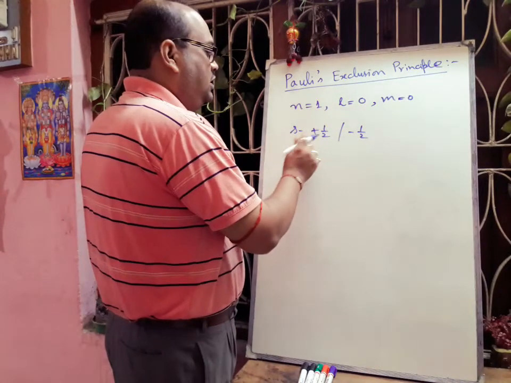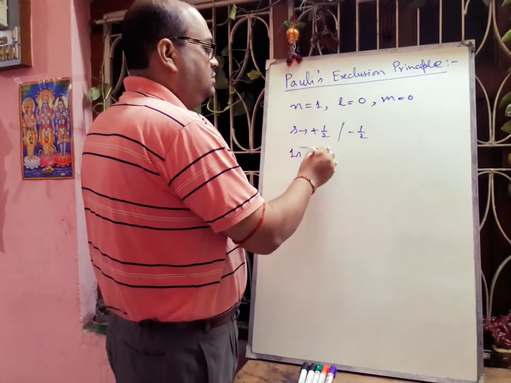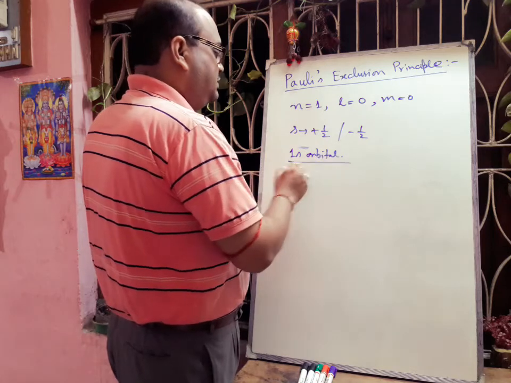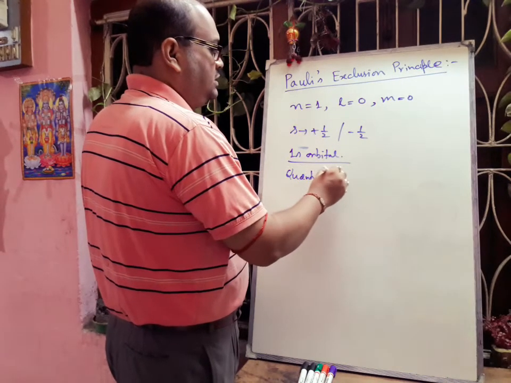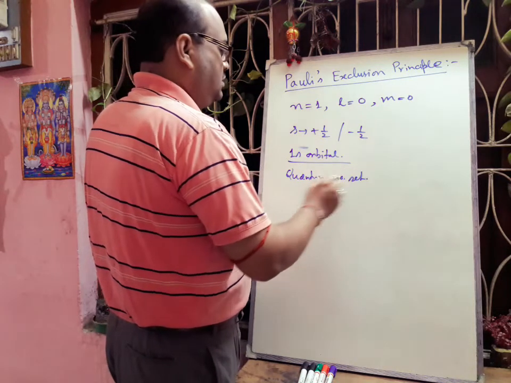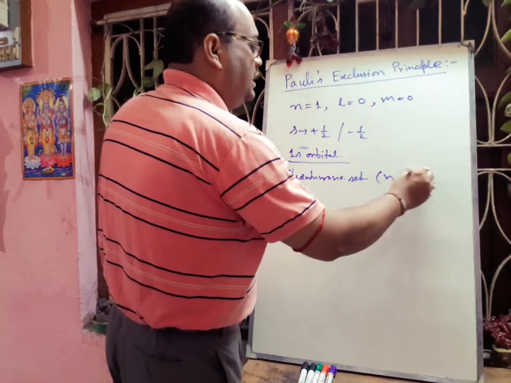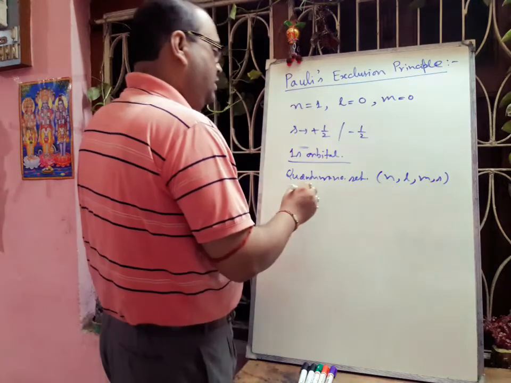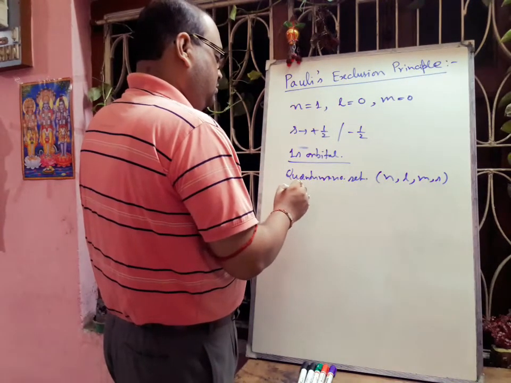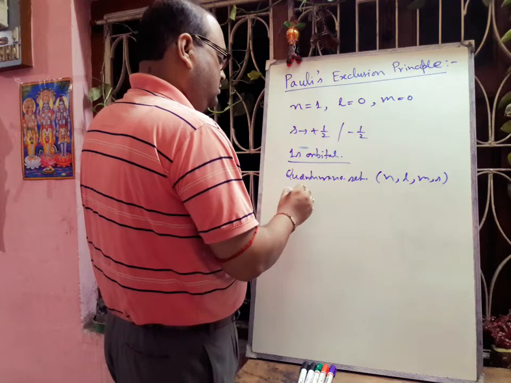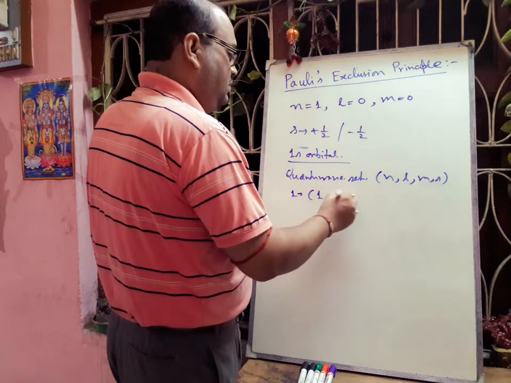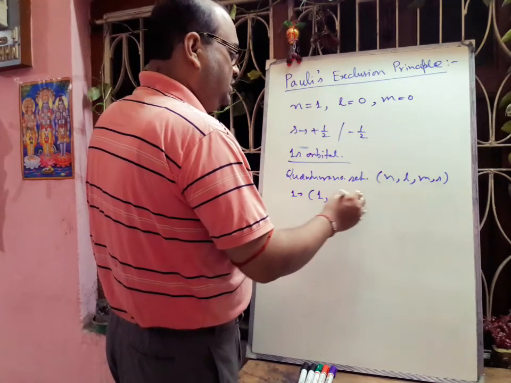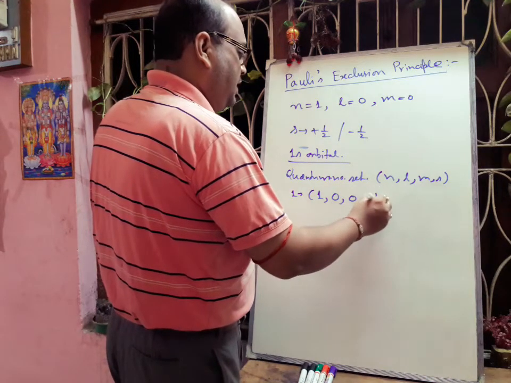Now if we write the 2 electrons present in the 1s orbital, this is nothing but the 1s orbital. So in the 1s orbital, the quantum number set, that is N, L, M, S, for one electron, the N value will be 1, L value will be 0, M value will be 0 and S value will be plus half.